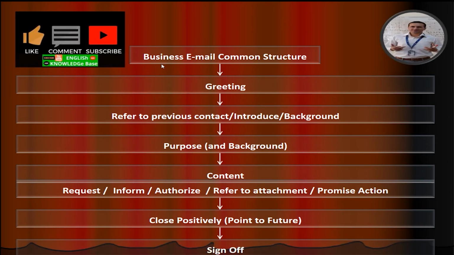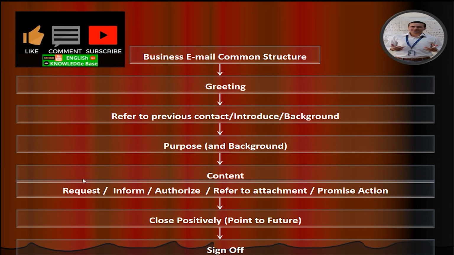And now we have the business email common structure. When we write an email, first of all, we have a greeting, and then we can refer to previous contact or introduce ourselves, or we can talk about background. And after that, we have the purpose statement. And then we have the main content.